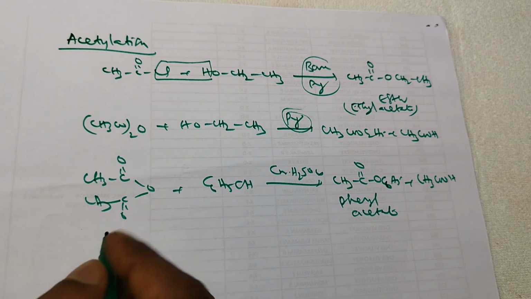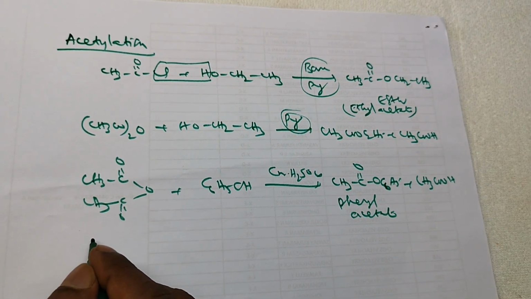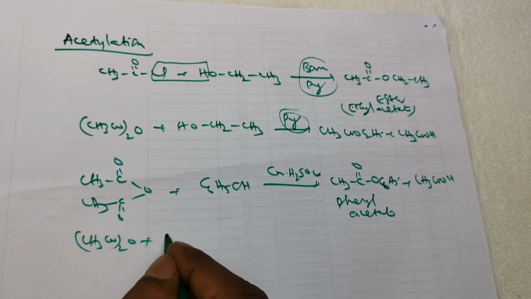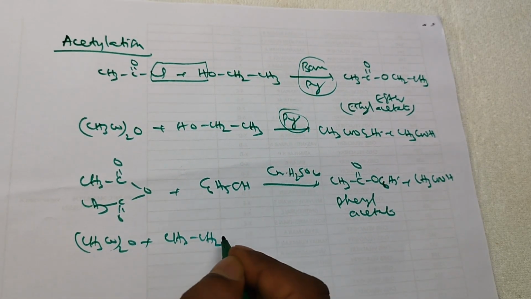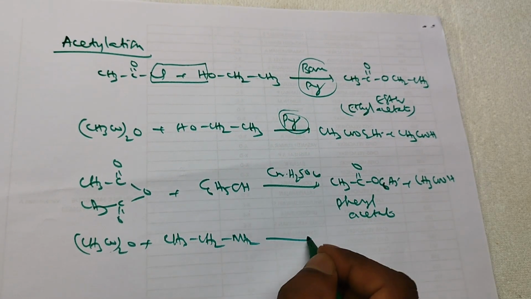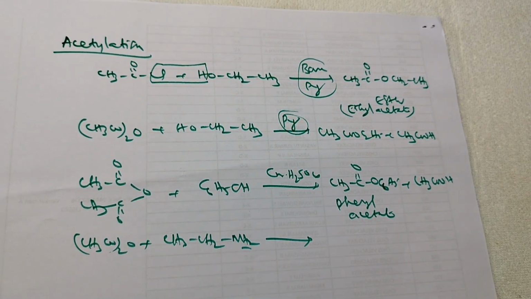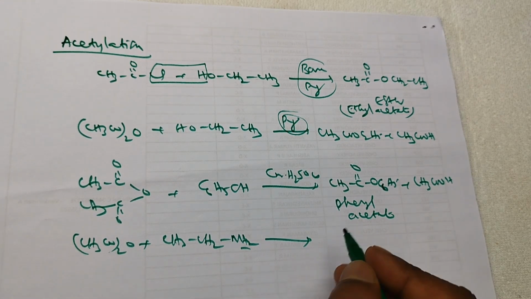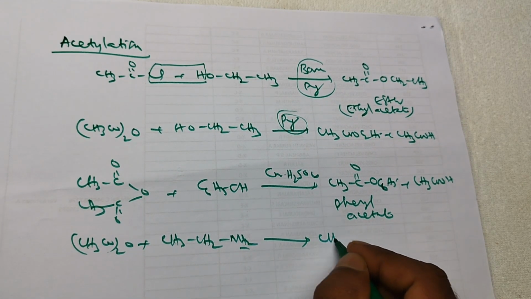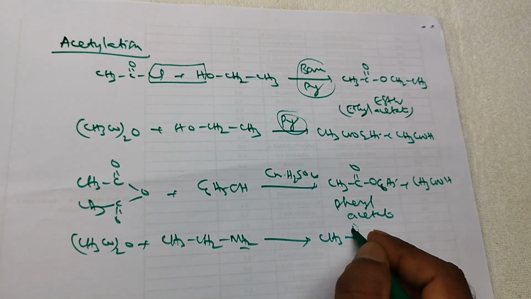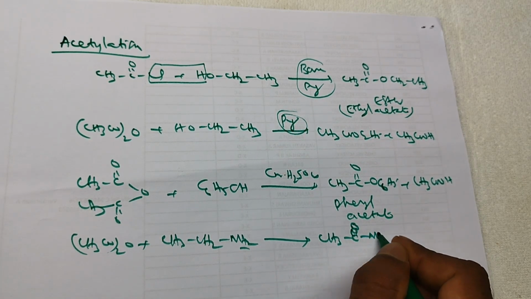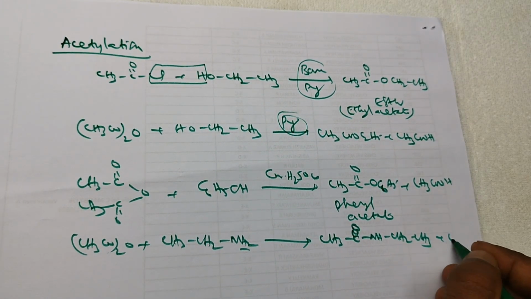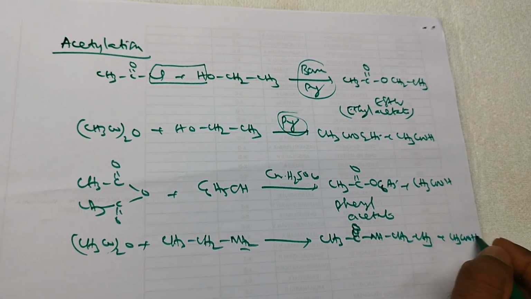In the case of amines, you can take acetic anhydride with ethylamine, CH3CH2NH2. This amine also contains an active hydrogen atom that can be replaced. It gives the compound CH3CONHCH2CH3 plus CH3COOH.